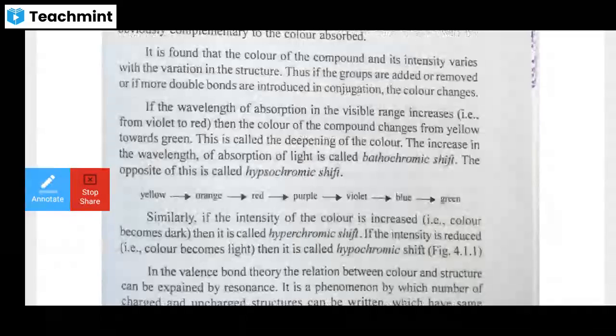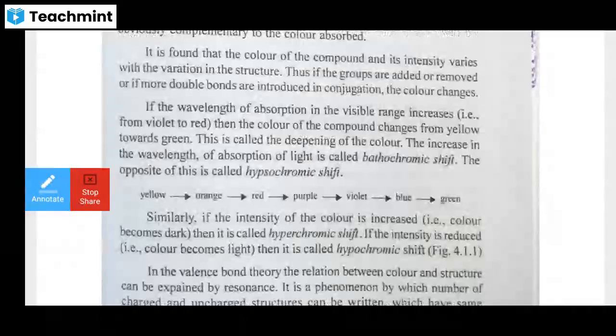In some cases, if there is a group attached, that is an oxochromic group or chromophoric group having a lone pair or non-bonding electrons, then those electrons can also be excited, and that can also impart color to the particular molecule. This is what the valence bond theory explains.